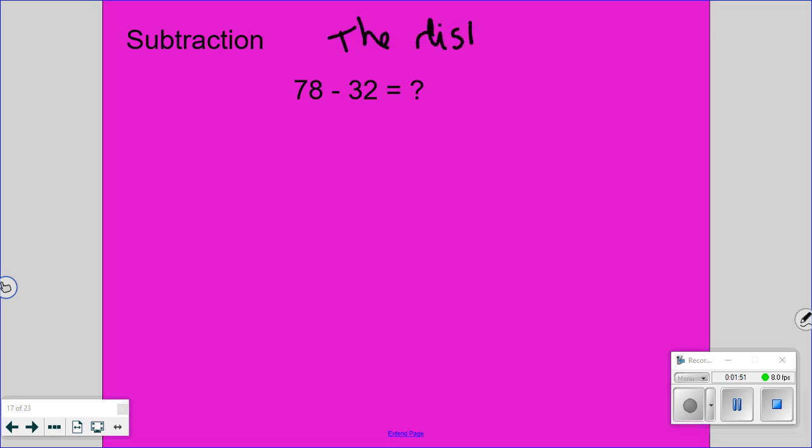The distance between 78 and 32. Because when we're thinking about how far apart things are, it's very helpful to do that on a number line.